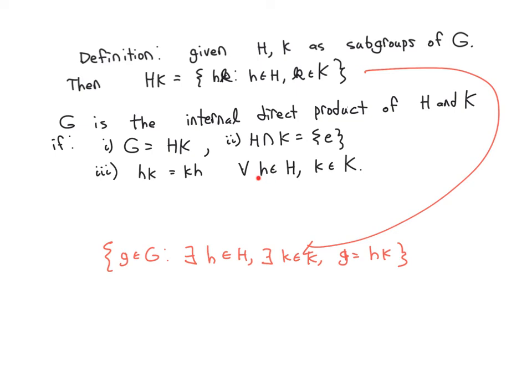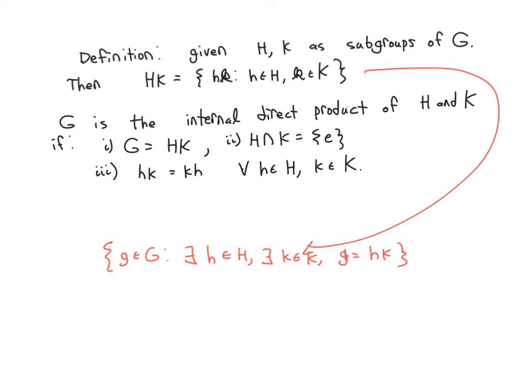And three, for every element in H and every element in K, you have commutativity. hk is equal to kh. That doesn't mean that H is abelian or K is abelian, only that when you multiply an element in H times an element in K, this happens.